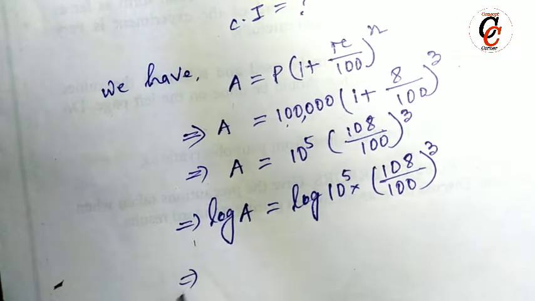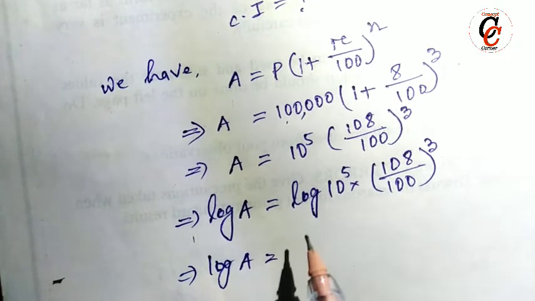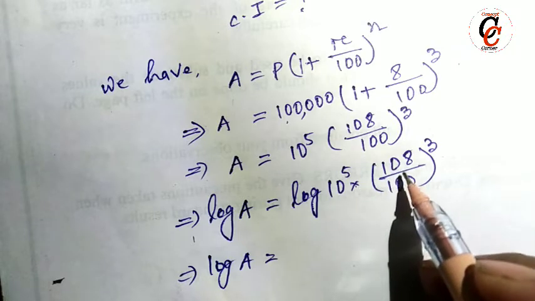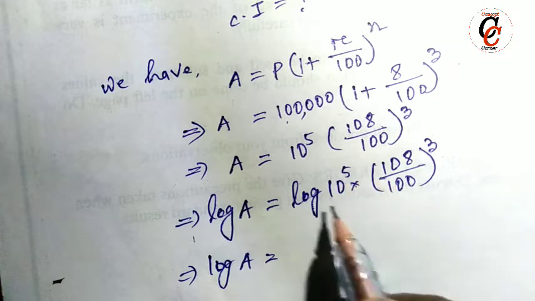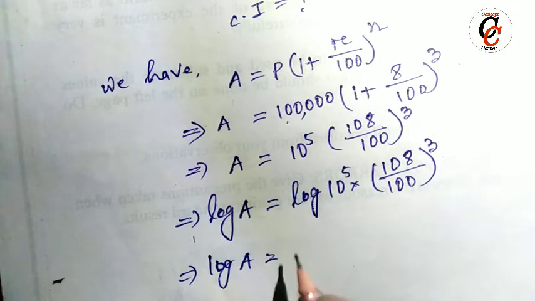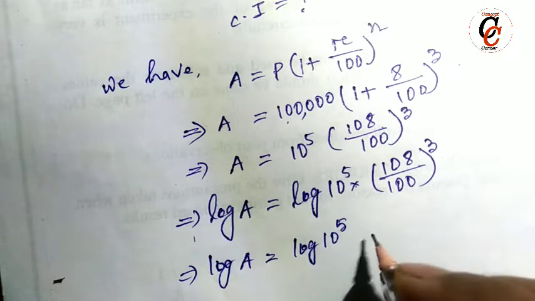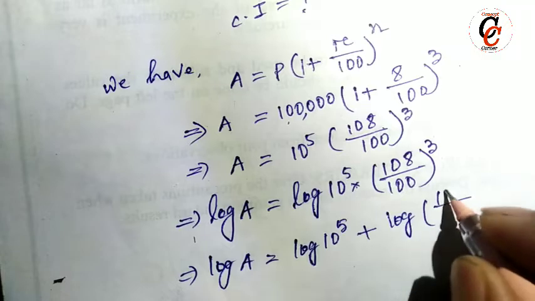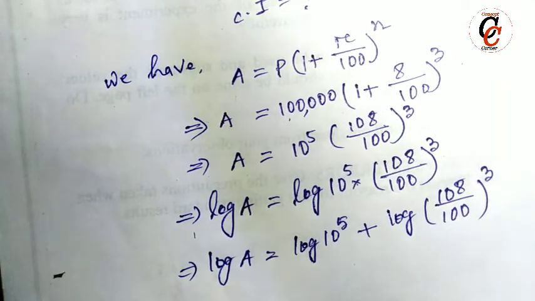Now see, log of A remains the same. These two terms are in multiplication, so it will convert into addition. So we can write log of 10 to the power 5 plus log of (108 by 100) cube.